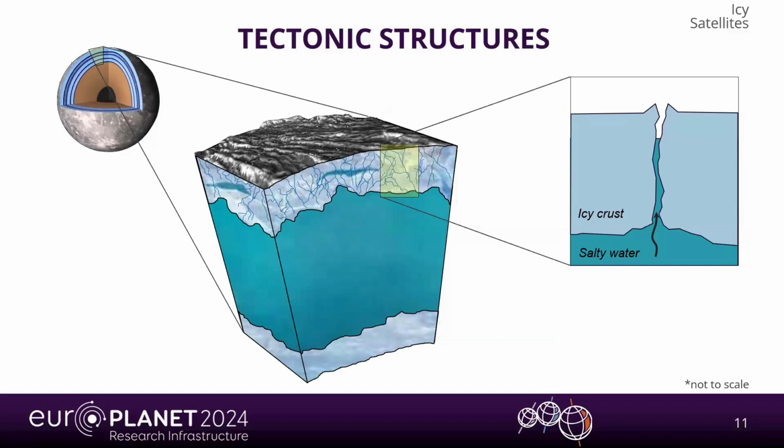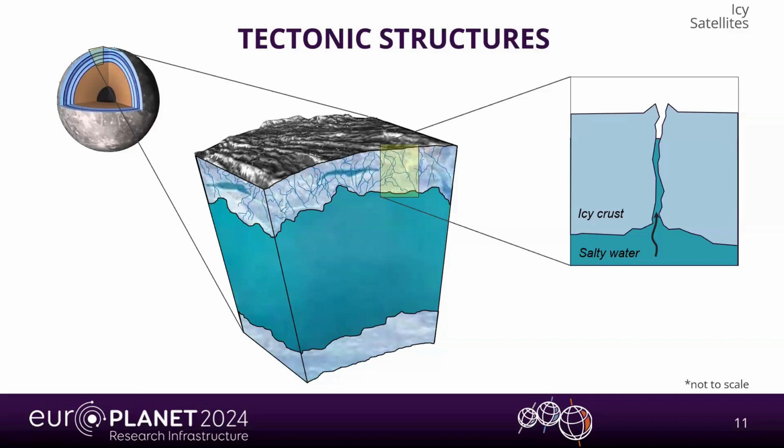So tectonic structures can support potential feeding of internal liquid reservoirs, and also, most of all, act as connection between the surface environment and the internal environment, and possibly also with the internal ocean. So they can also be the link between surface and deep layers, and in this way, they allow an interchange between them.